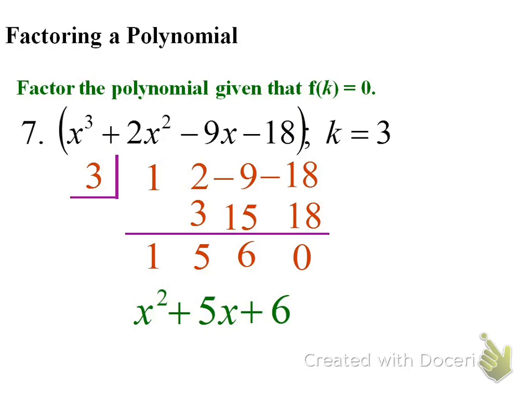Now, look back to the directions. Our overall goal is to factor this polynomial as far as we can. Can we factor this any further? Yeah, sure. Multiply, add, right? Multiply to 6, add to 5. Three and 2? Good.